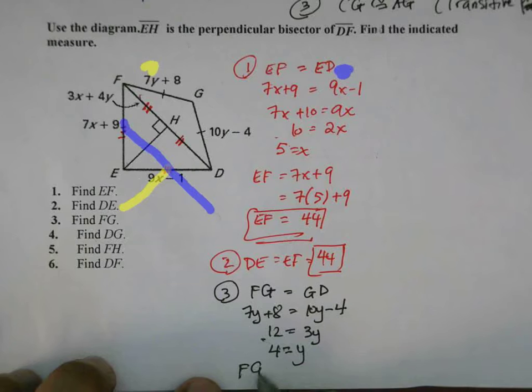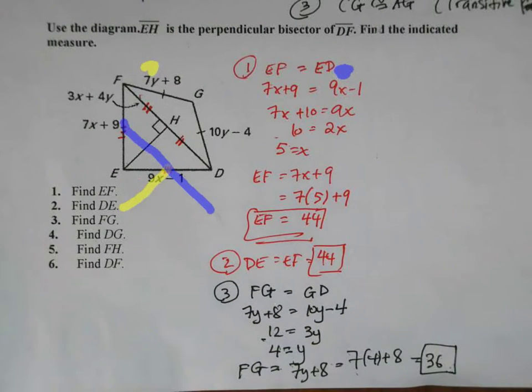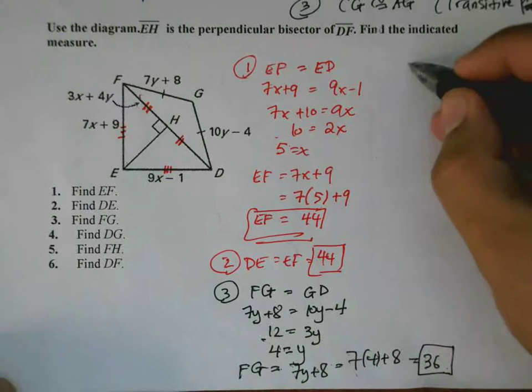FG is equal to 7y plus 8. So that's 7 times 4 plus 8. That's 28 plus 8, so that's 36. Next, we're looking for DG. Well, again, DG shouldn't be too difficult to do.